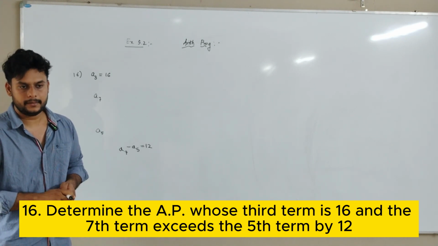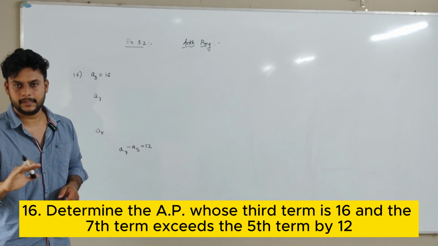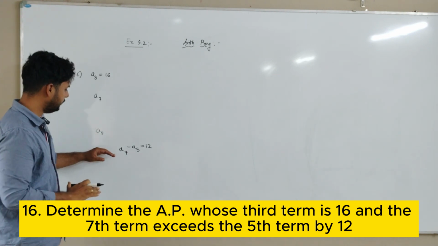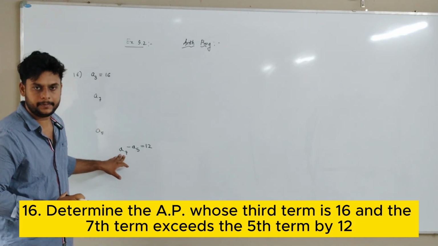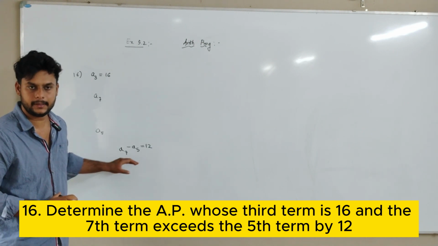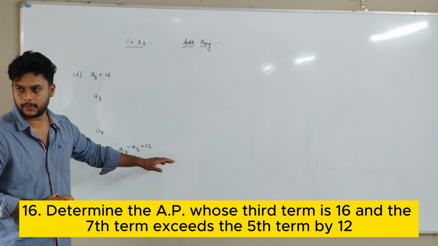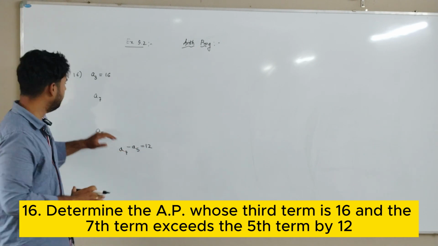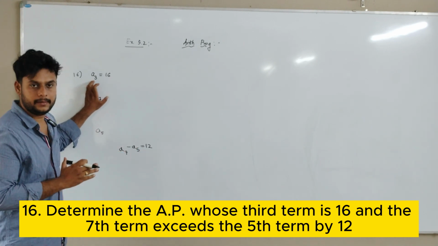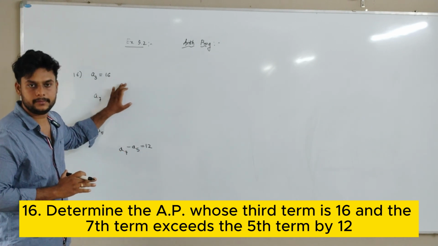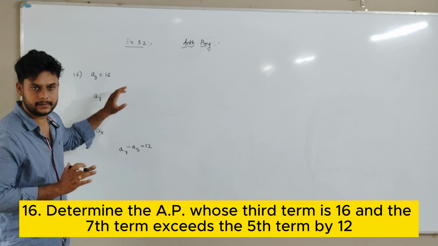Same sum, ditto. So the 7th term of the AP exceeds the 5th term by 12. This is the equation. A7 minus A5 is equal to 12. Understood how I wrote? And here he is giving me one hint. Direct third term. A3 is how much? A3 is 16. Directly he said.